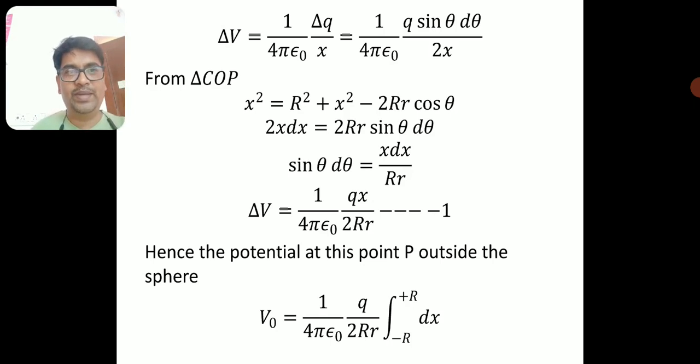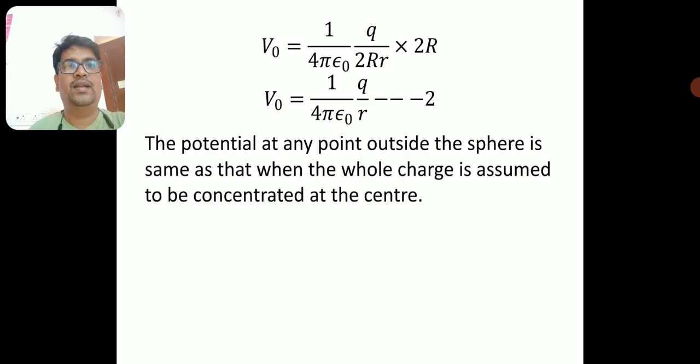So 1 over 4 pi epsilon naught Q by 2Rr, I am integrating only x dx, with limits minus r to plus r. Next, the potential is 1 over 4 pi epsilon naught Q by 2Rr into 2r.